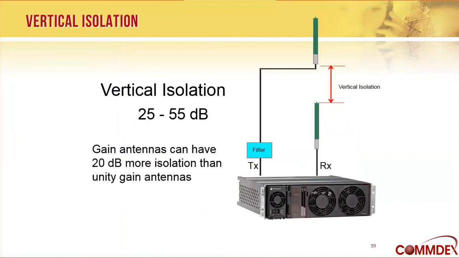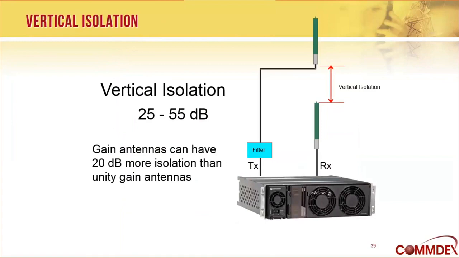What about this antenna isolation we've been talking about? Well, that is a really good way to do it without additional hardware. Vertical isolation, meaning separating the antennas vertically, is the best way to do them.